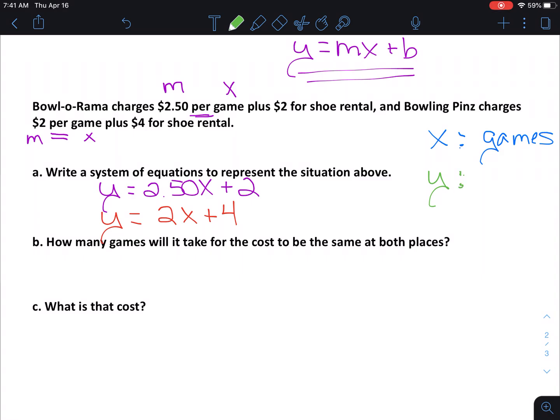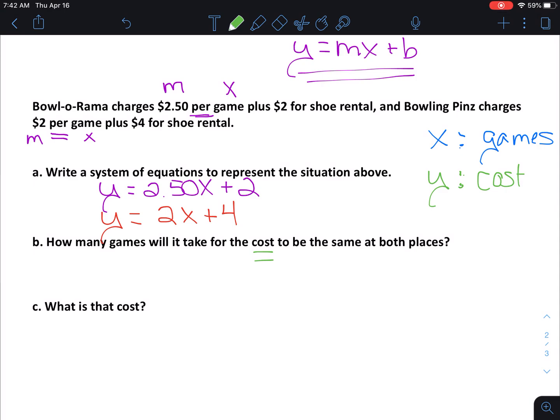What is y? Well, in the rest of this, you can see it's really talking about money. They don't say it straight out, but you might notice part B also says it right here. So that might be a tip for you if you're not sure: look at the question. So y is cost. I would strongly recommend that you write down what x and y are, because otherwise you might get confused when you're answering these questions.